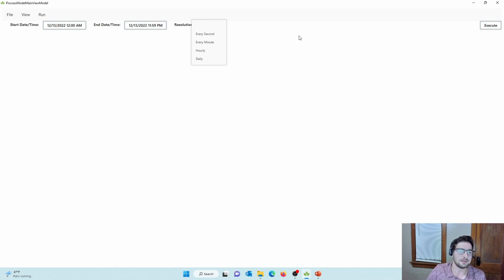So we can render it every second, which is really overkill, but we can do it. Every minute, every hour, every day, and so forth. We could do more, but these are the 4 options we have now. So I'll render it hourly for yesterday. And it'll take a second to run. There's a lot that has to go on behind the scenes, so we'll give this a second.